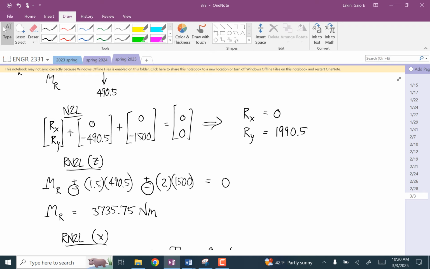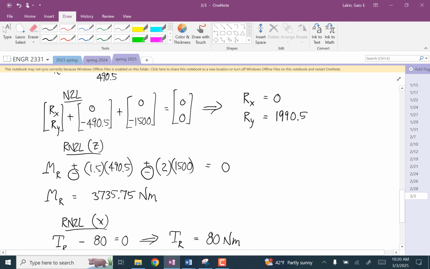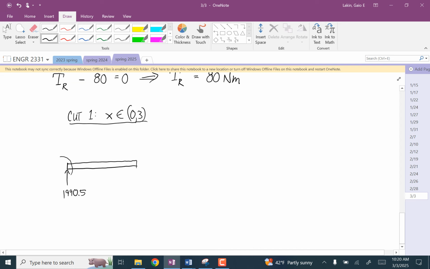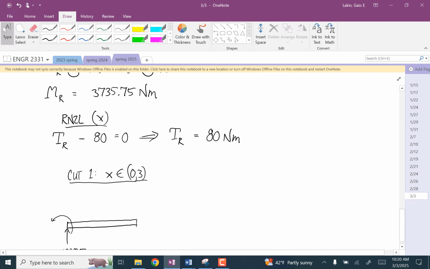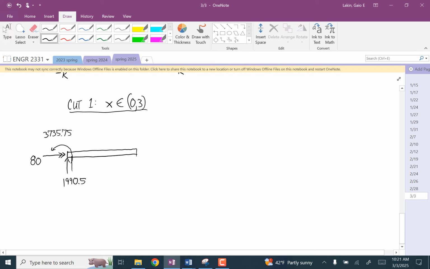So let's see. We calculated the external load, so we know now that this is 1990.5. And we know that there is a couple that way of 3735.75, and we know that there is a reaction torque this way of 80. And then there's a distributed load this way representing the weight.